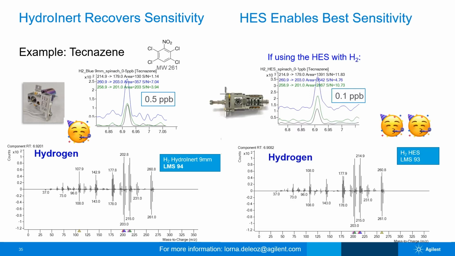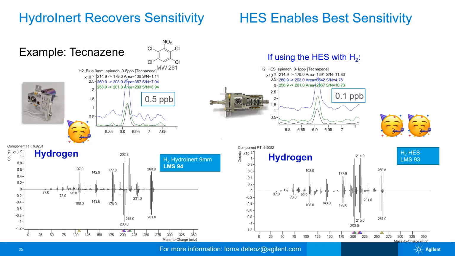But how about the HES source? This is a natural question because many of you might be users of the 7010 GC triple quad or might be interested in it because of its ultimate sensitivity. Here's the answer. The high efficiency source also prevents the undesirable chemical reactions in the source between hydrogen and the active compounds, as evidenced by maintaining the same spectrum with hydrogen as observed with helium, with a library match score of 93.